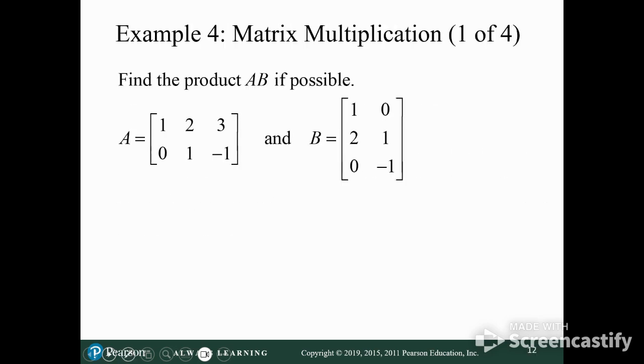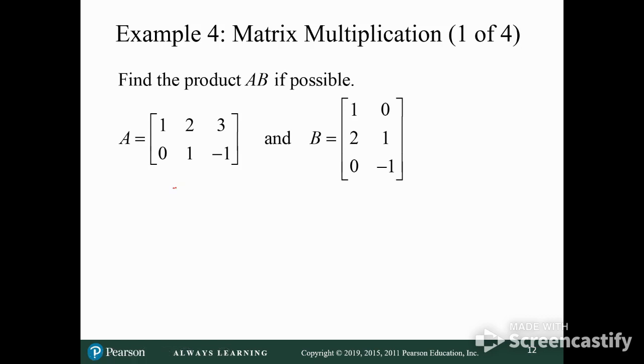Matrix multiplication. We take row 1 times column 1 to get element 1. Then row 1 times column 2 to get element 2. And then row 2 times column 1 to get 3, and row 2 times column 2 to get 4. So this will have 4 things in it.